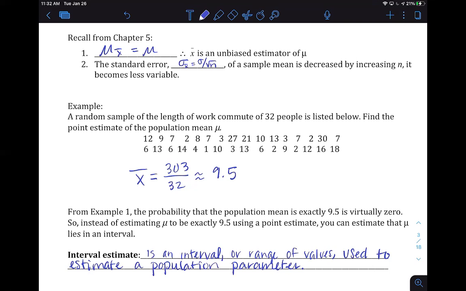Okay, and once you have that list typed in, remember you're gonna hit second quit, go to stat, go to the right for calc, and then hit enter until you get your list. Okay, so you can check, you should get a sample mean of 9.5, very first thing listed.